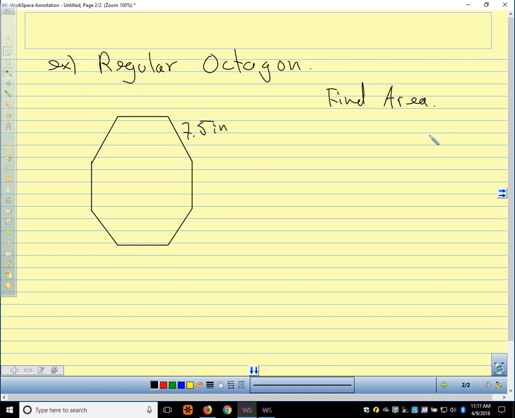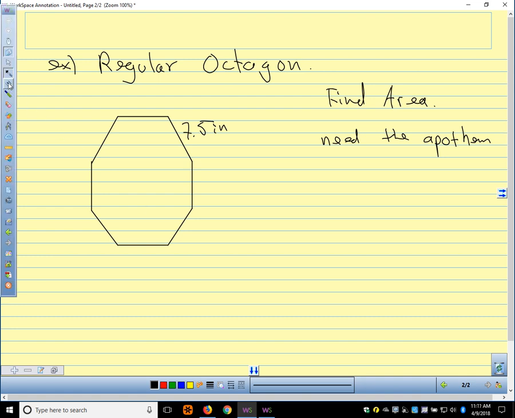Well, it's not a regular hexagon, so we can't use special right triangles. To find the area, we need the apothem. So we need the apothem to find our area.